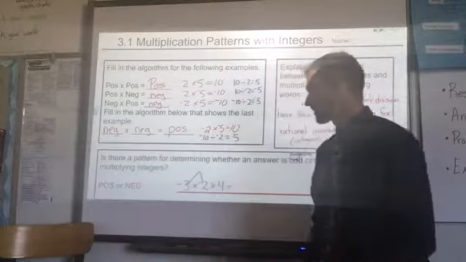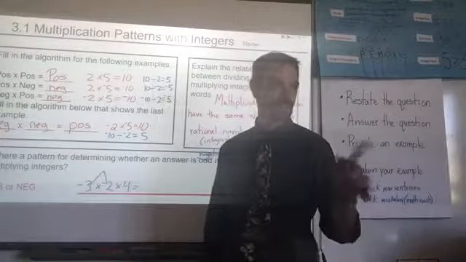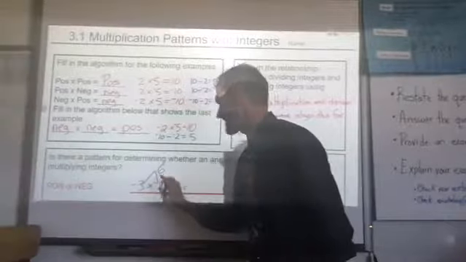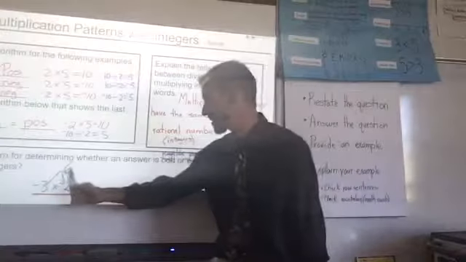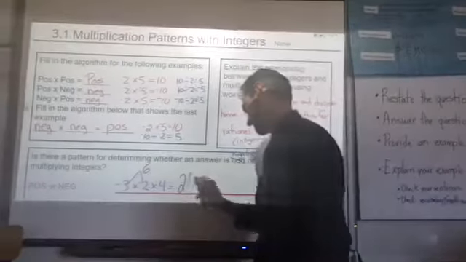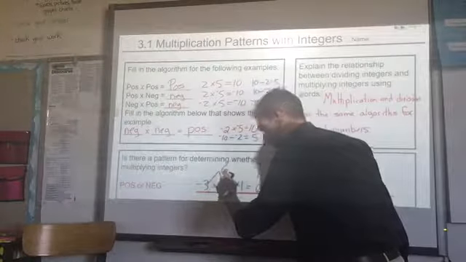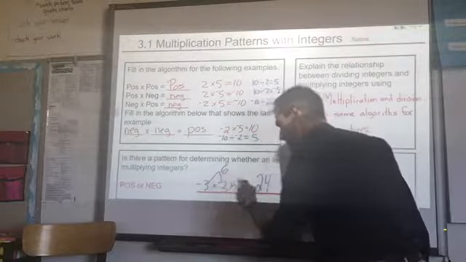What is negative 3 times negative 2? Since the signs are the same, it's positive. That's a positive 6. And then what is 6 times 4? 24. So these were the same, so it became positive, and then those are the same, so it stays positive.